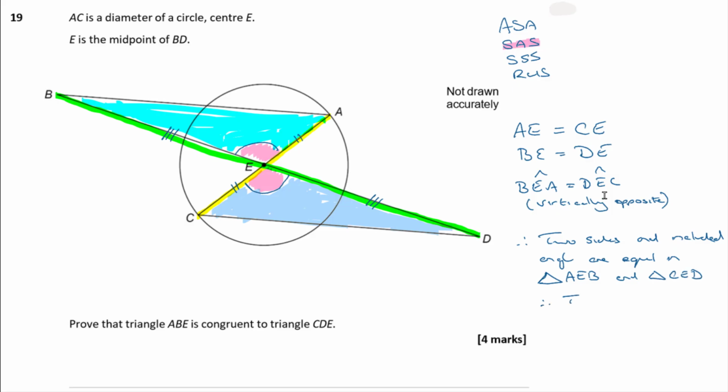Therefore, triangles AEB and CED are congruent. And I'm just going to put in brackets SAS. So there we go. I showed the yellow ones were equal, the green ones are equal, the pink angles are equal. So we've got side angle side going on there, haven't we?